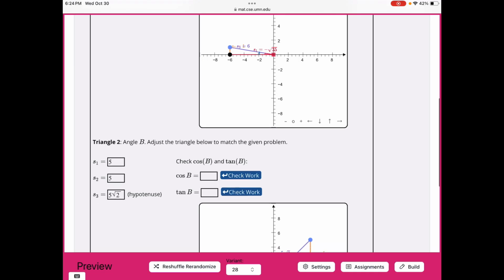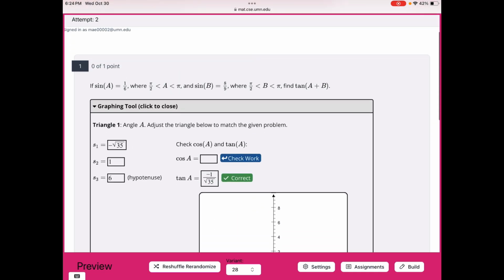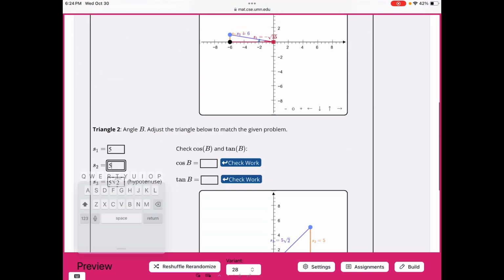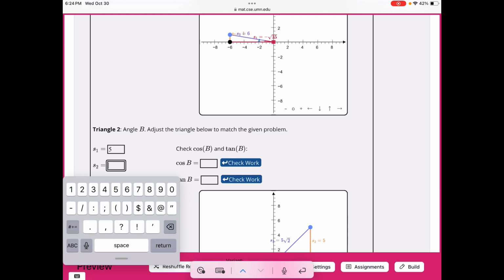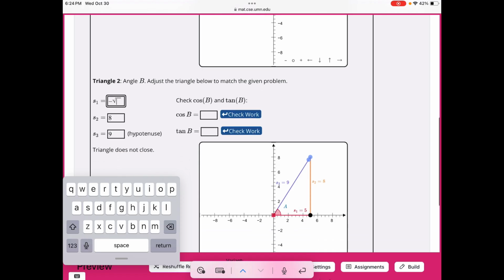All right, so angle B, we are told that the sine is 8/9, and it's going to be in quadrant 2. So opposite is 8, hypotenuse is 9, and the adjacent leg is going to be the negative square root of 81 minus 64, so that's 17.